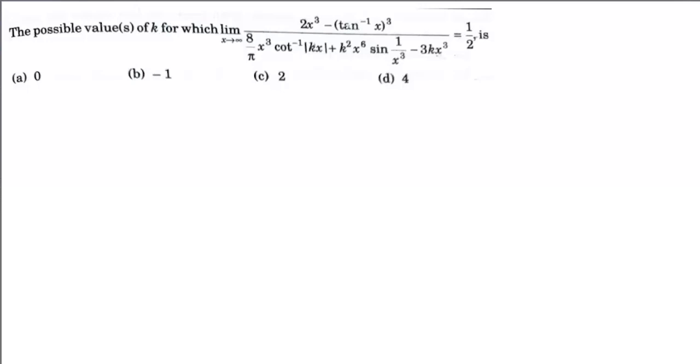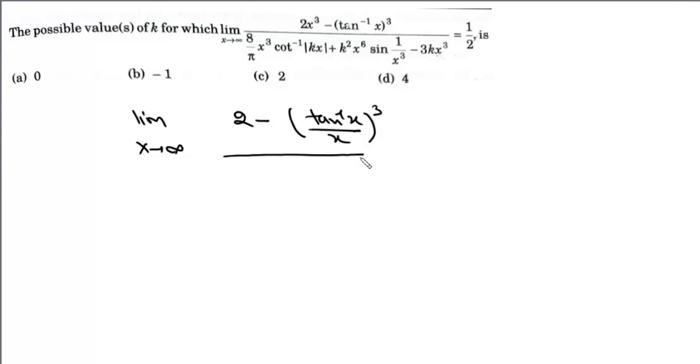Now the question is to find the possible value of k for which this limit is equal to 1 by 2. Now what we'll do is divide everything by x cube. So we can write limit x tends to infinite, 2 minus tan inverse x upon x whole cube, and here it will be 8 upon pi cot inverse mod kx plus k square.